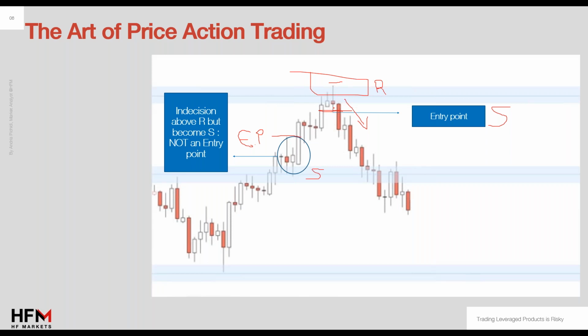Yes, previous support. So the support that we have identified over here could act as our target. And if the decline extends with big bearish candles, we could even consider target 2 to be at the very first support area. Okay, let's move on.